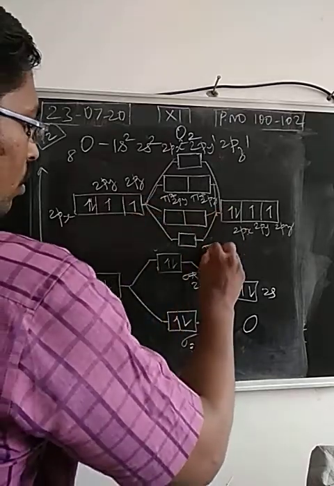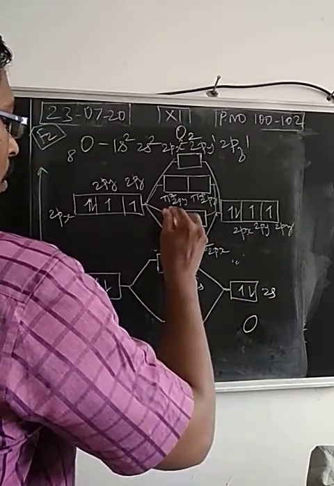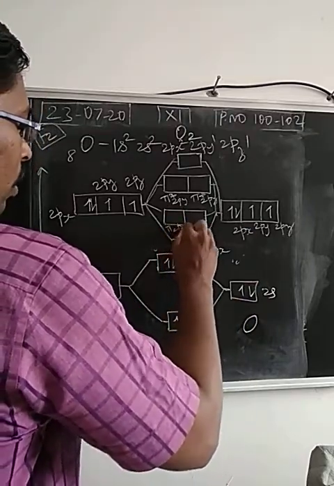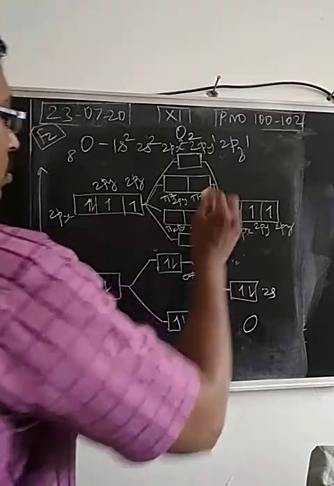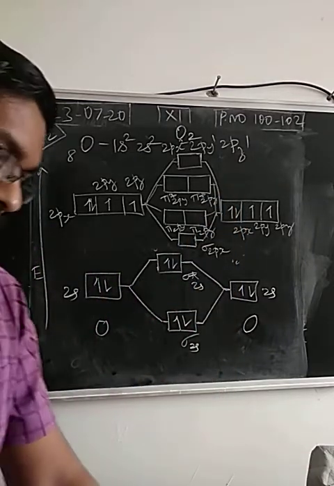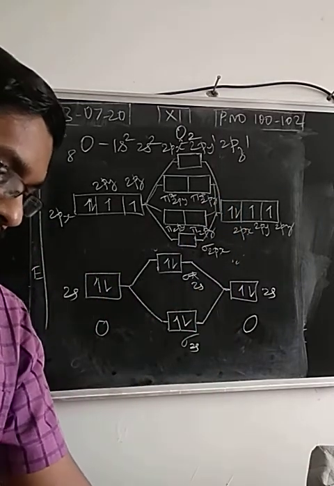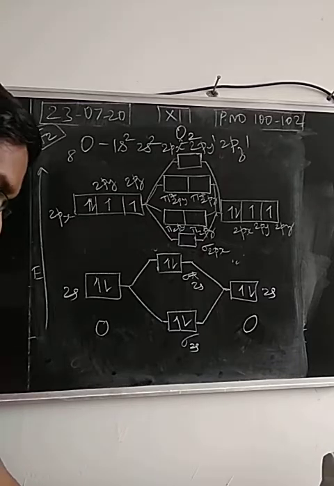So we have sigma 2px, pi 2py, pi 2pz. So this is the order of molecular orbitals for oxygen as well as fluorine. So a slight change in the order.